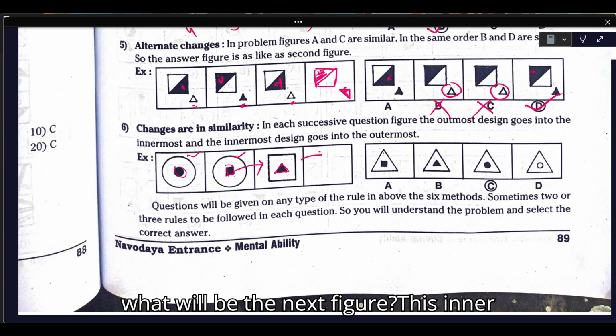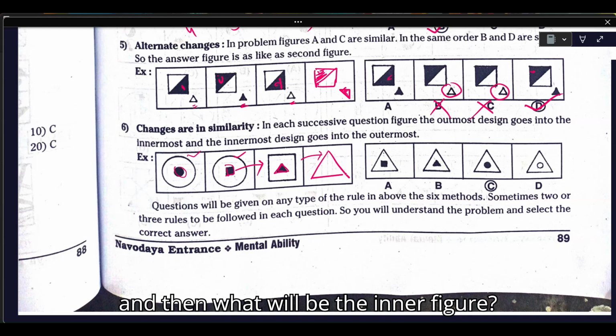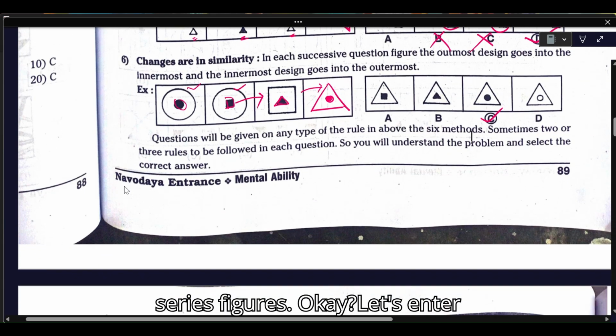So what will be the next figure? This inner triangle will be the outer figure, and then what will be the inner figure? Obviously after triangle we have circle, right? So we will be having a circle inside, that is the dark one. So our correct answer is C. This is how we have examples for these series figures.